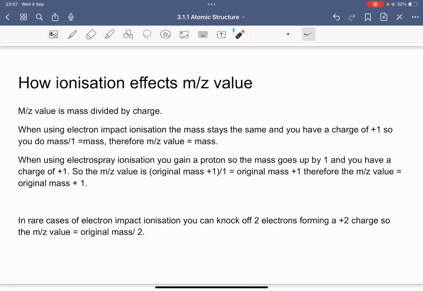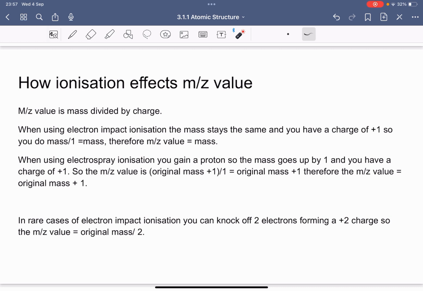Now, the different types of ionization have different effects on the m/z value. The m/z value, like I said before, is mass divided by charge. When you use electron impact ionization, the mass of the isotope stays the same, and you have a charge of +1.